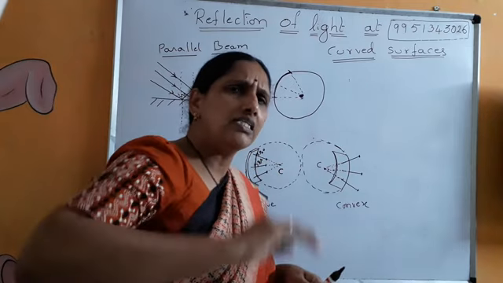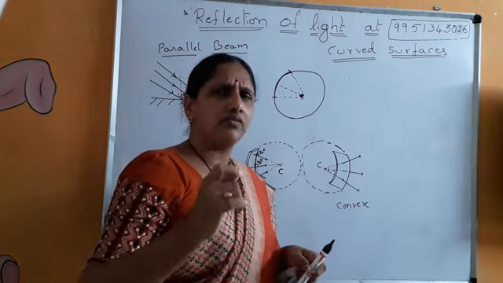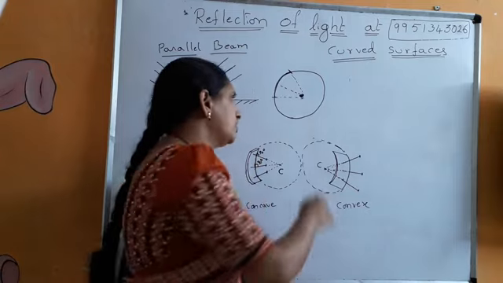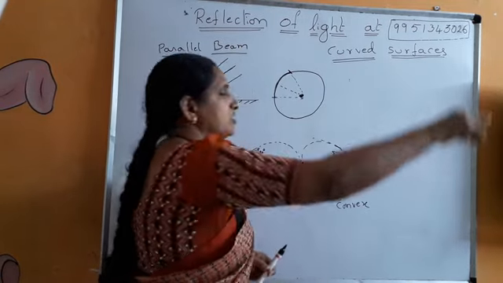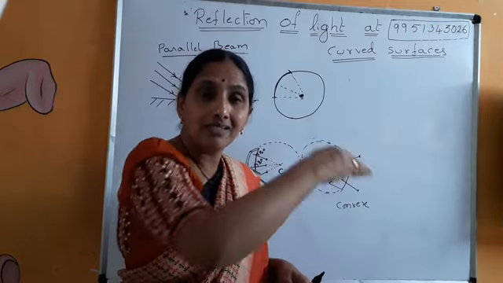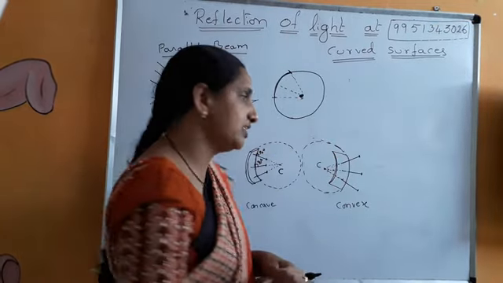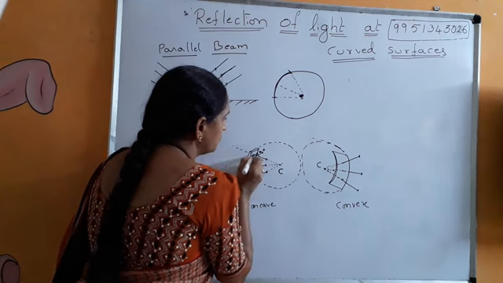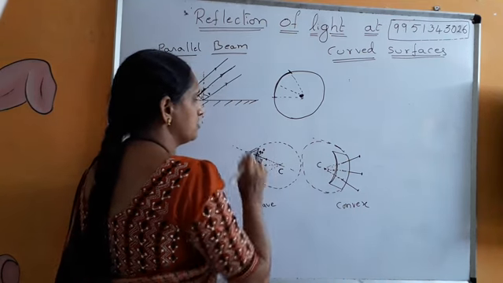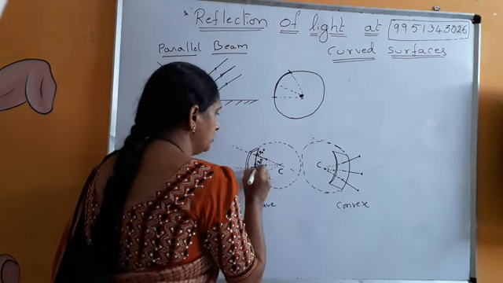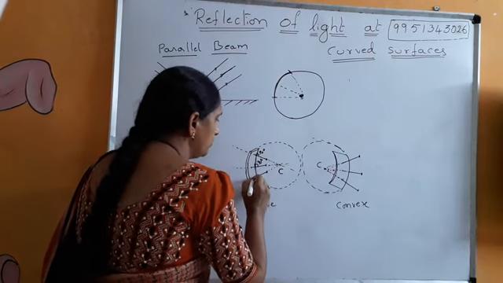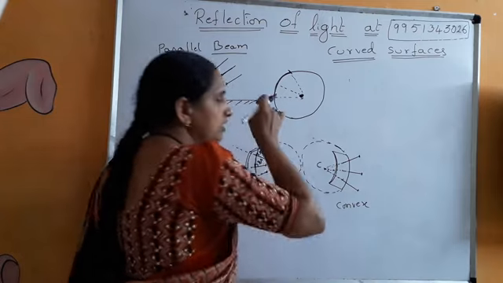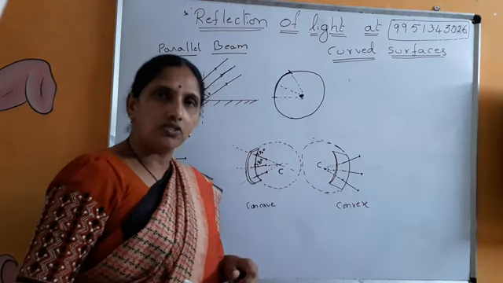Or, in a very simple way of saying it, the normal drawn at any point on the curvature passes through the center of curvature. See, it is very easy now. Here I am going to draw a normal. Yes, this passes through the center of the curvature. Suppose here I draw the normal, it passes through the center of the curvature.